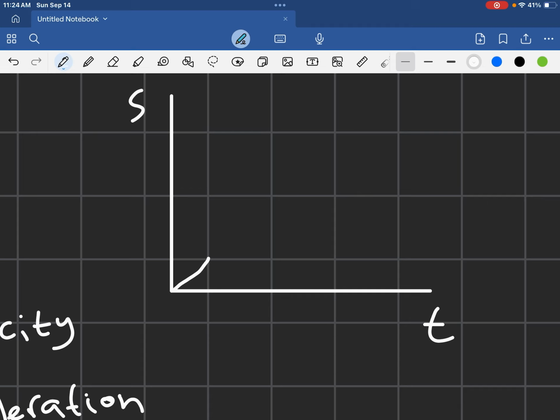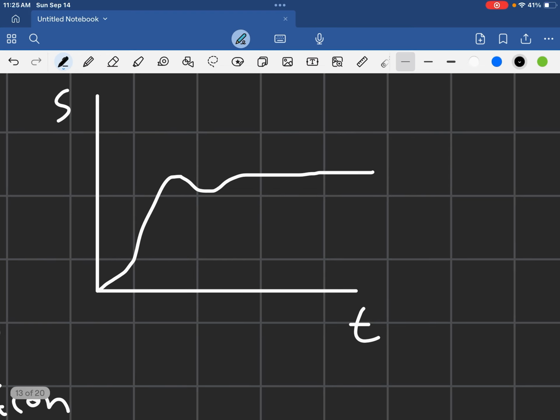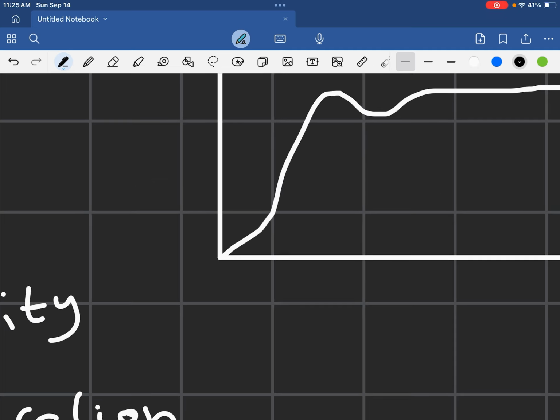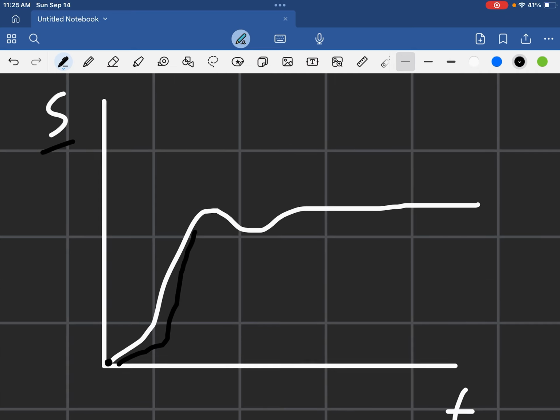So if you want to interpret this as the speed you're going, this is just time. This origin would be the start, and then this is your takeoff. And then right here you can tell that you really push the gas and you start going really fast.